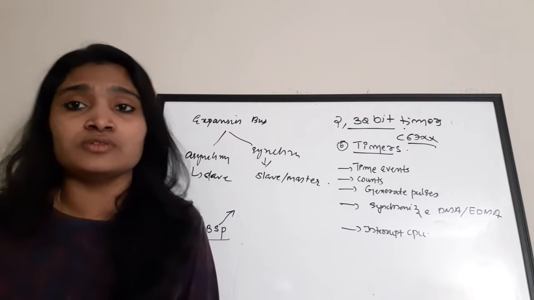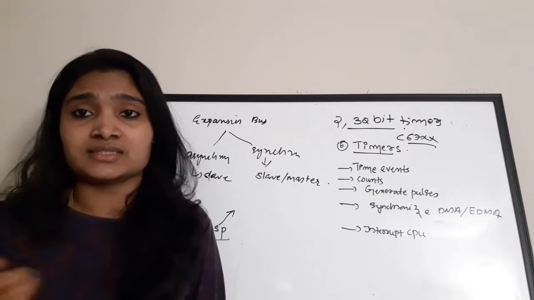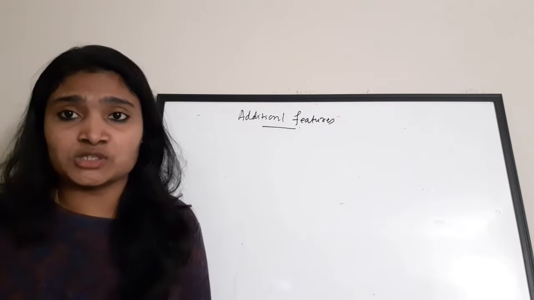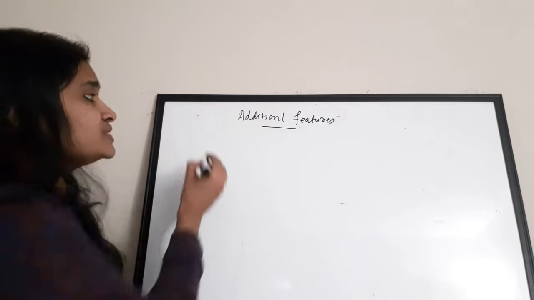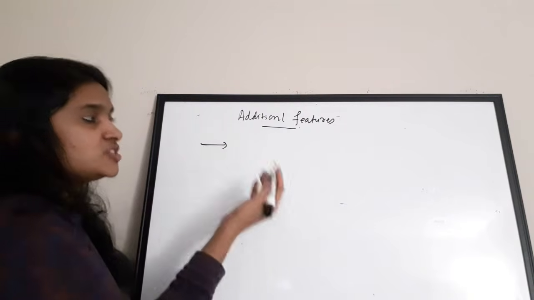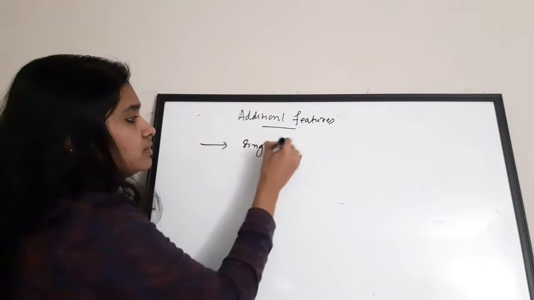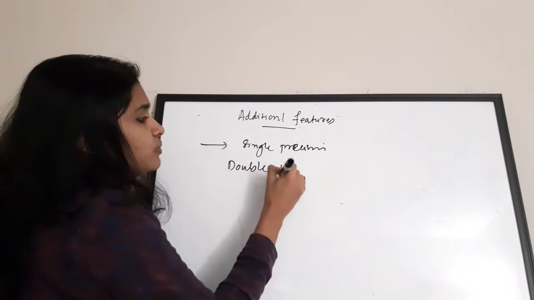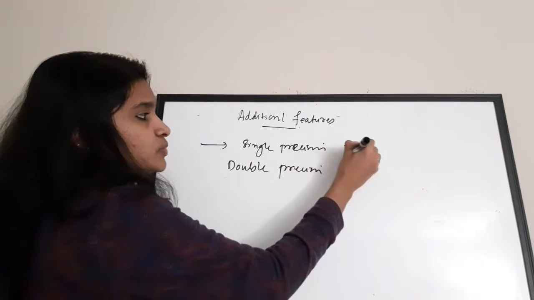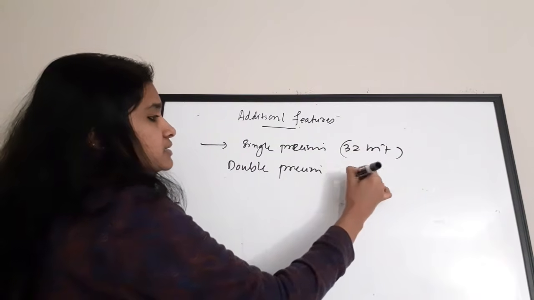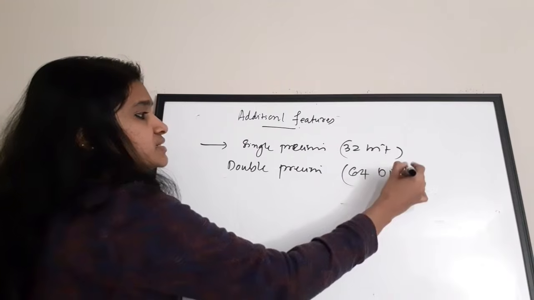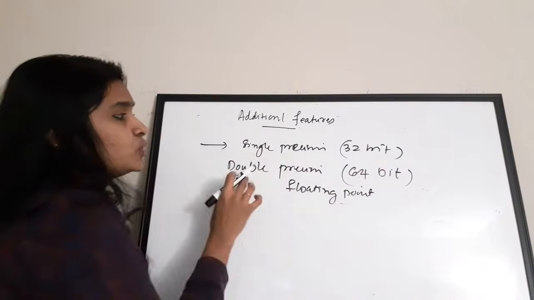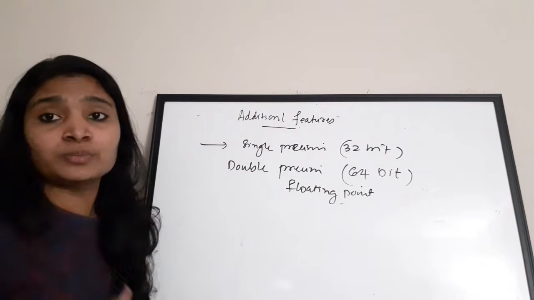Now let us see some additional features of the C67XX DSP architecture. The first feature is that the hardware supports single precision and double precision formats for floating point operations.